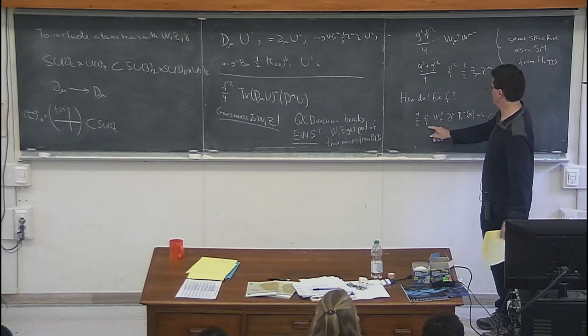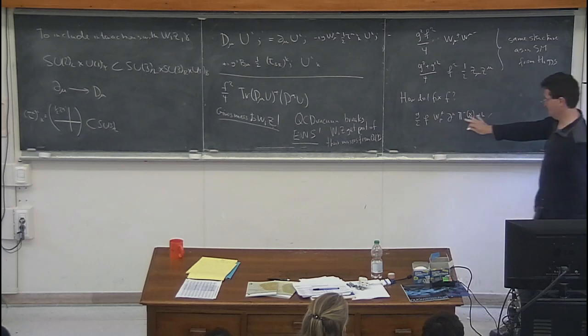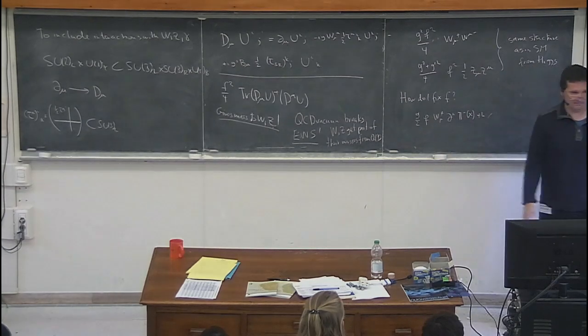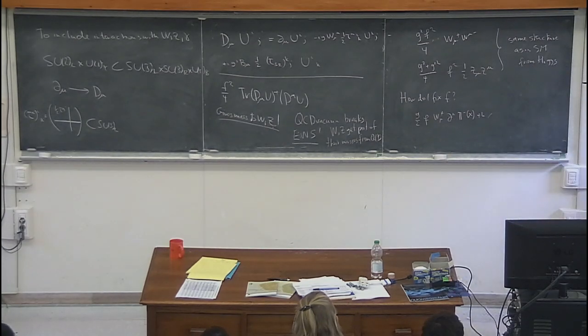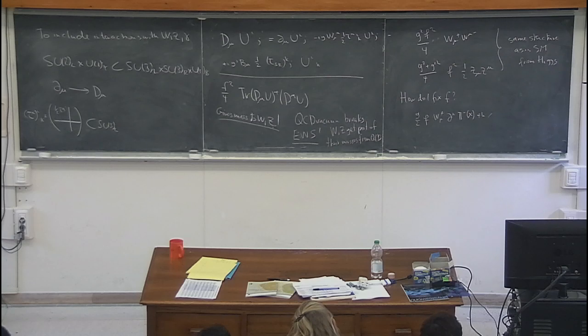So this F is going to give you a mixing between the W and the pion. Again, it's not a shock, because QCD breaks the electroweak symmetry. If there was no Higgs, something would have had to provide the longitudinal components of the W and the Z, and in that case it would have been the actual physical pions, the ones we are observing.